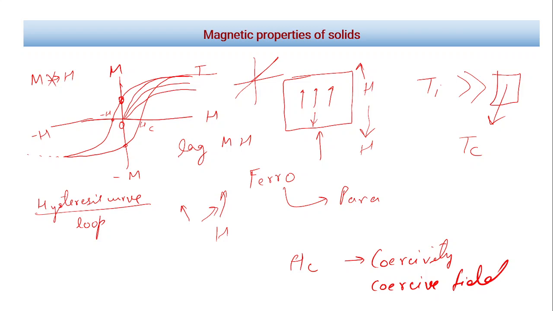And then we have, as I said, some materials that prefer their spins or magnetic moments to be anti-parallel. These are called antiferromagnetic materials. Their hysteresis loop is difficult to explain, because the magnetic moments are arranged like this.